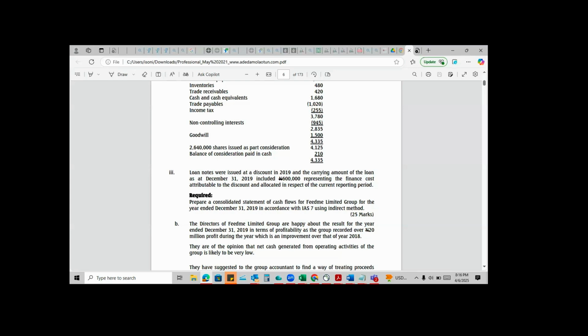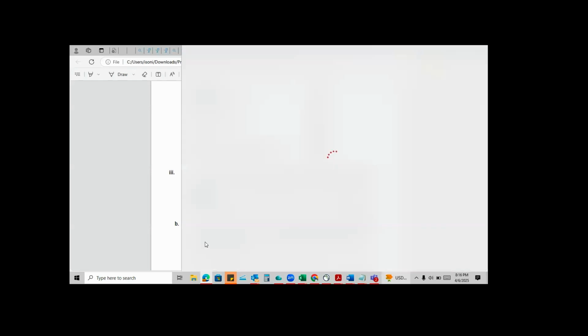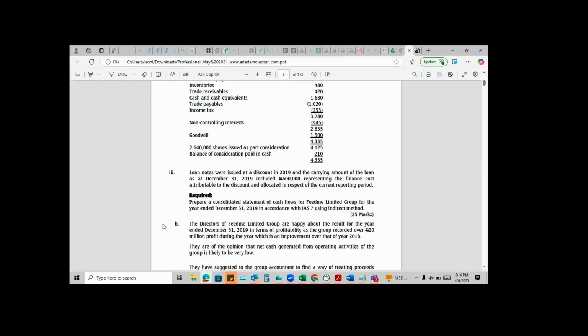All right. In 2019, the carrying amount of the loan as at December 31st, 2019, included 600,000 naira, which represents the finance cost that is attributable in respect of the current reporting period.